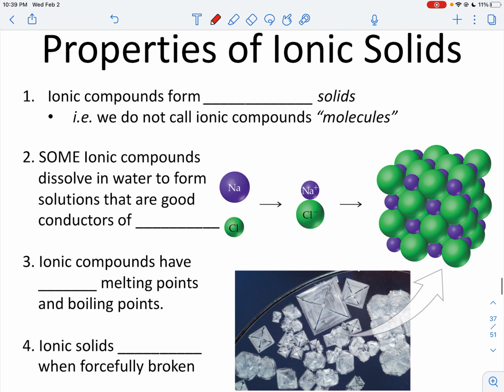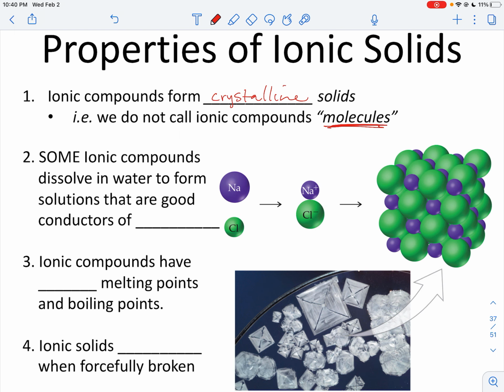Okay, so properties of ionic solids. This is going to be the last slide in our video here. We've been talking about ionic compounds, ions, cations, anions. Now I just want you to know some general properties about these types of compounds. Ionic compounds form what we call crystalline solids. Okay, so we don't call ionic compounds molecules.